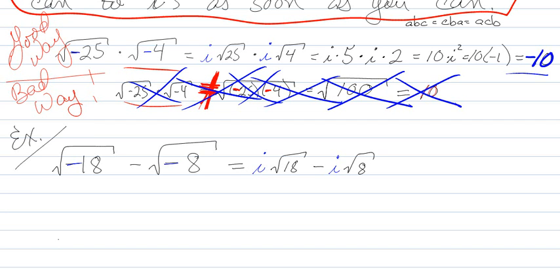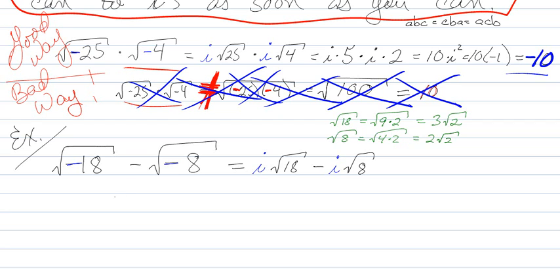Now let's take a quick aside to make sure we've got this down. What's the square root of 18? Remember, I can break it up into the square root of 9 times 2, or 3 root 2. And then the square root of 8 I can break down into 4 and 2, or 2 root 2.